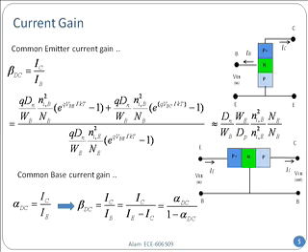If alpha is close to 1, then how large would beta be? Beta will be humongous, because look at the numerator. Because 1 minus alpha and alpha being close to 1, I will get a huge gain. And typical gain of a transistor these days would be on the order of 100 to 1000. So that would be the range of amplification that we are talking about.